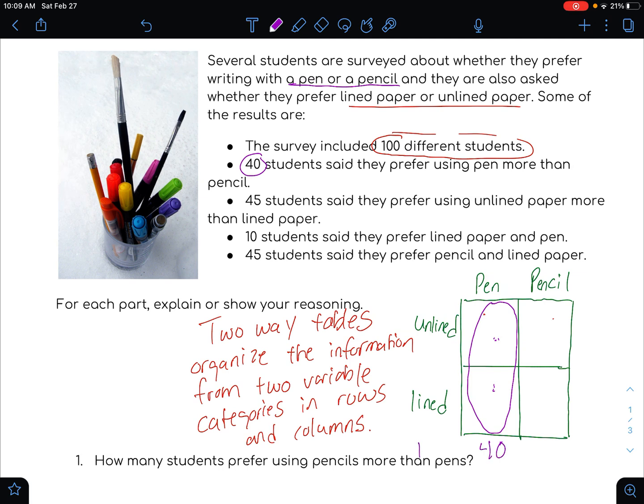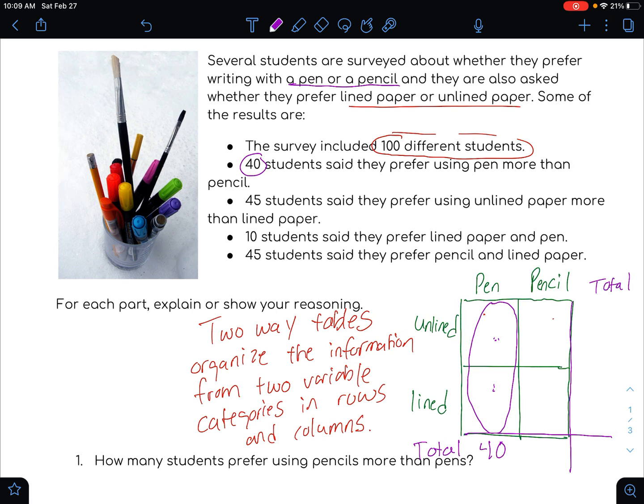I'm going to put 40 down at the bottom here, and I'm going to make some tallies on the outside that represent the total. So we have 40 total for pens, and we're going to put that below the pen column at the bottom. We're not sure how it splits out between lined and unlined paper yet, but there's 40 students that prefer pen more than pencil.